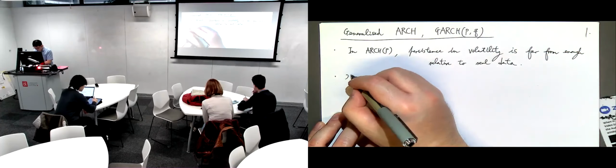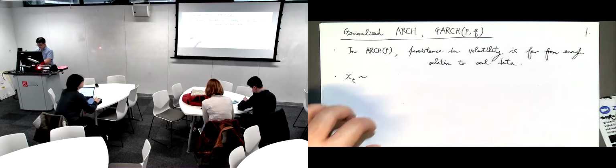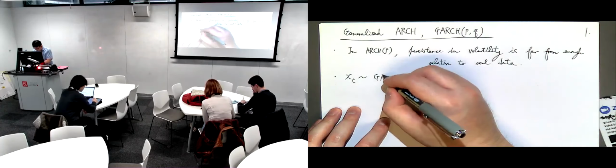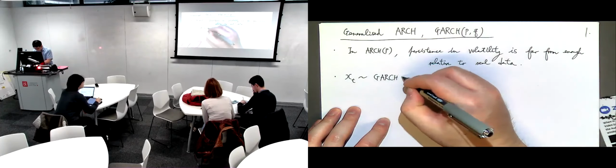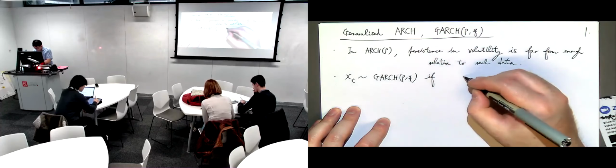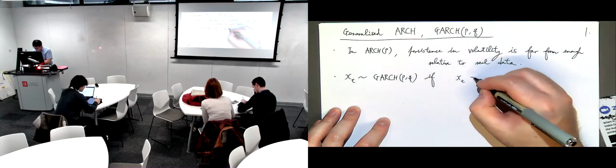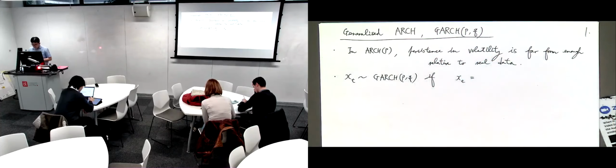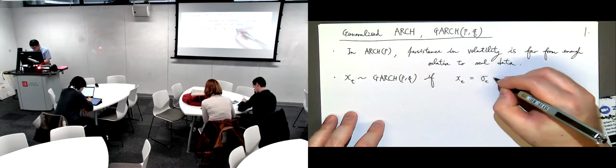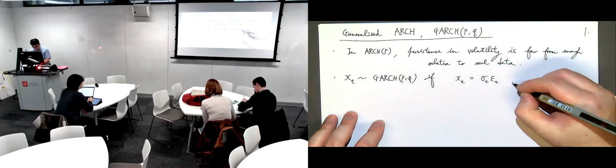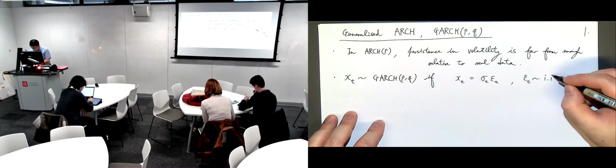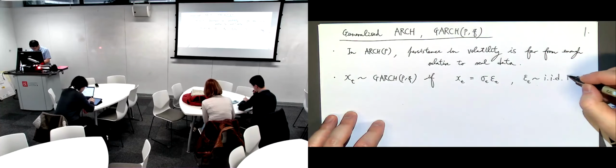So what do we suggest? We improve it to a GARCH model. Your model is the same for X_t. X_t is basically i.i.d. epsilon_t multiplied with a certain sigma_t, which is the volatility equation, an explicit volatility equation.